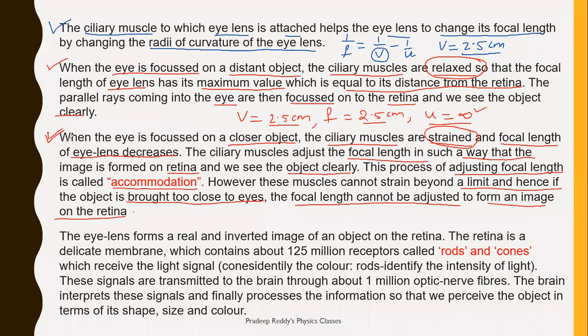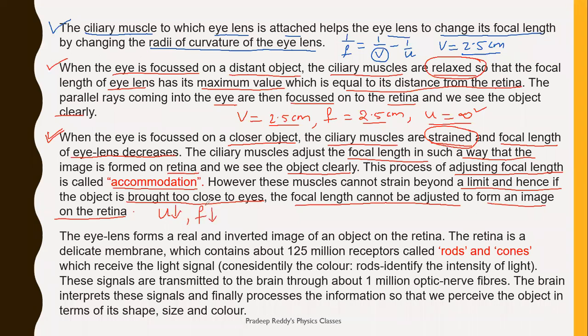So, a very important point here in this third point: suppose you are placing an object closer to your eye. When you bring the object closer, the eye gets more strained. If the u value is decreasing, obviously the focal length should also decrease.